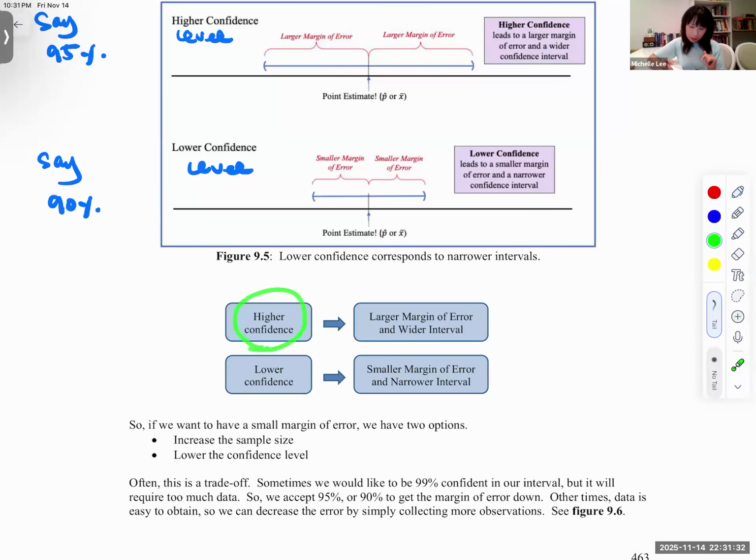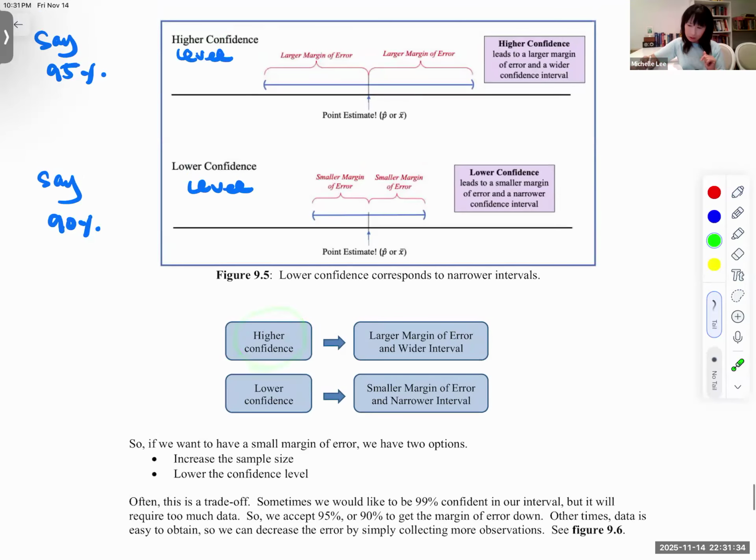Higher confidence level, larger margin of error, and wider interval, right? Lower confidence level, smaller margin of error, and narrower interval. Make sense? You don't have to memorize, just think about the concept.